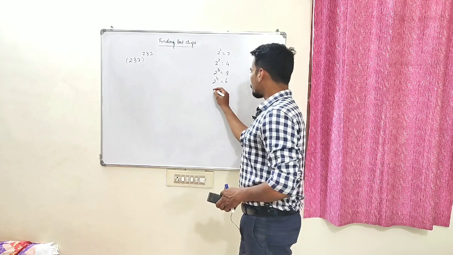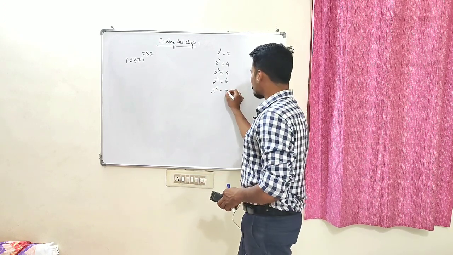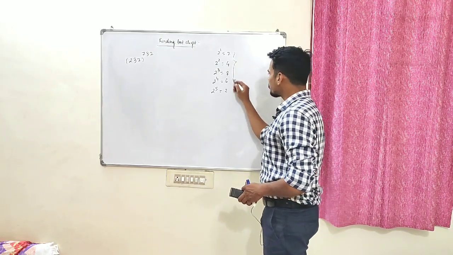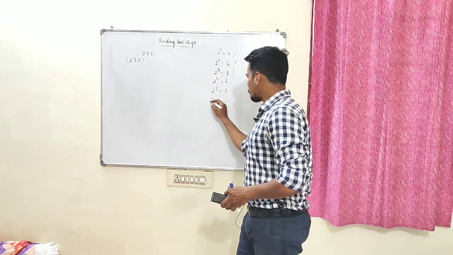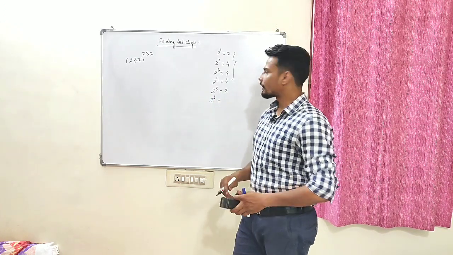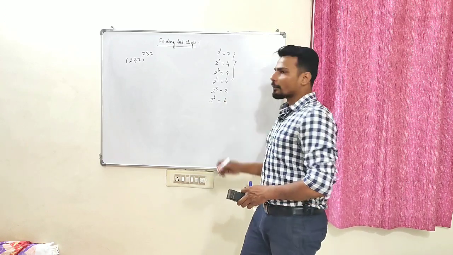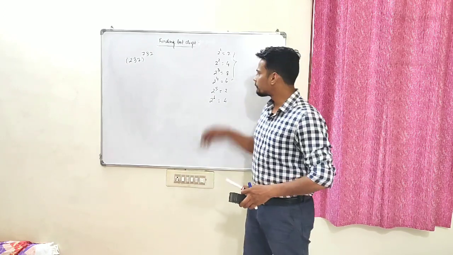Now if I write 2 to the power of 5, that's 32, but the last digit is 2. Can you see the number is repeating itself after a gap of 4? Now 2 to the power of 6 is going to be something around 64. The last digit is going to be 4. You can see it's repeating itself. So the number repeats itself after a gap of 4.